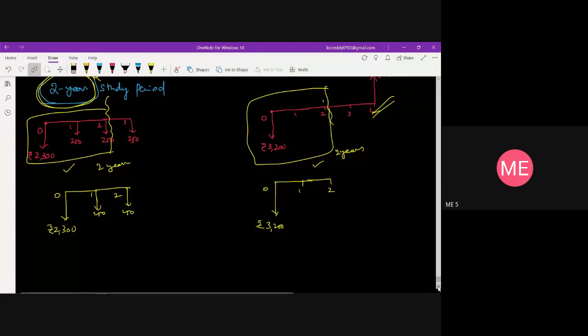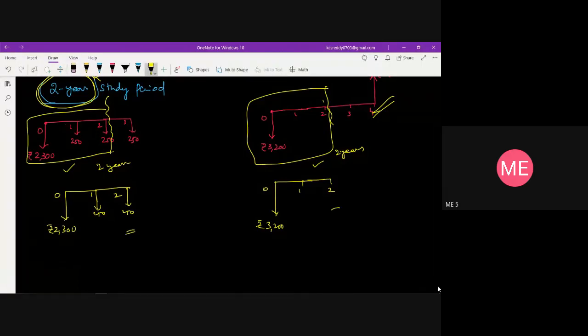Now the life for this asset and for this asset is the same. So in this case, I need to calculate the present worth. For the present worth of asset one at i equal to 15%, we have the cash flows, where this represents the annuity.